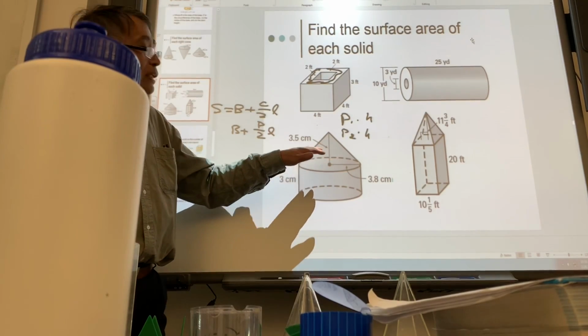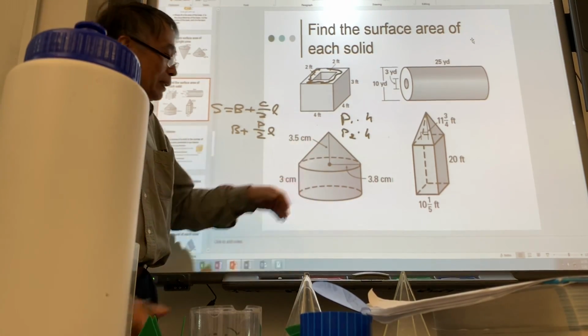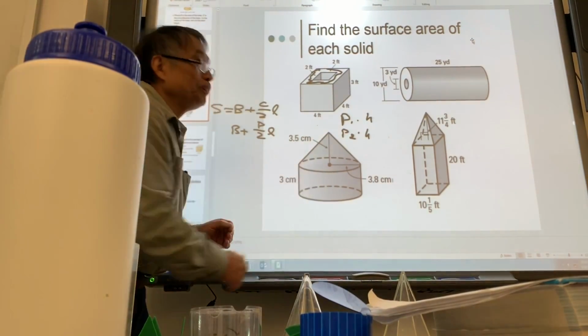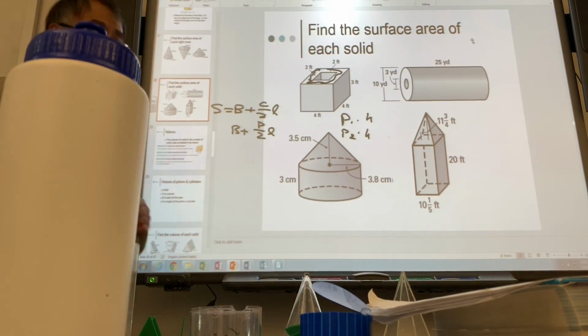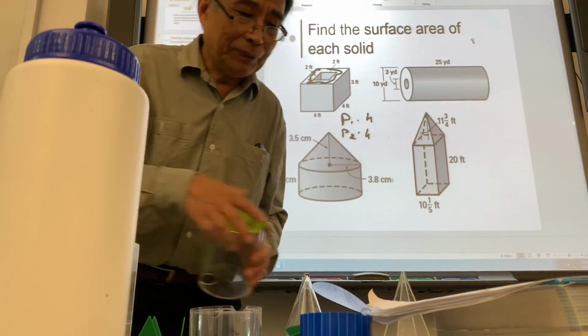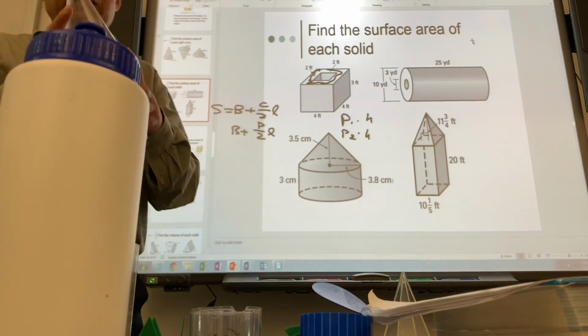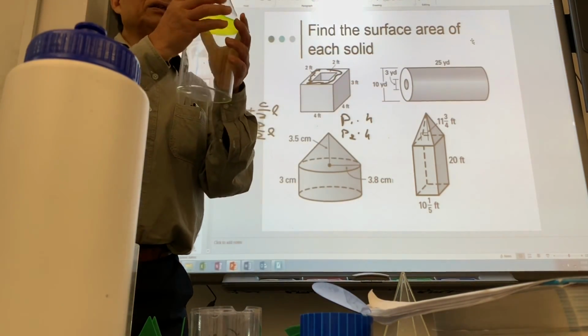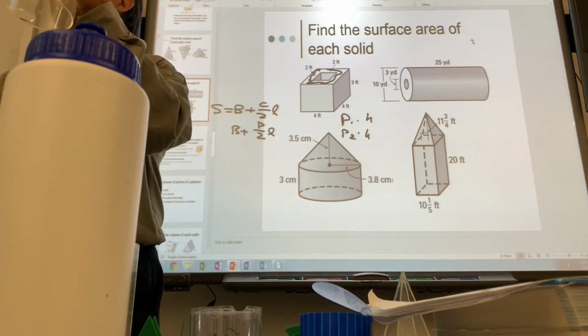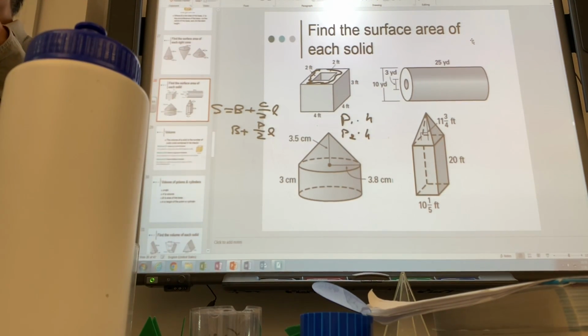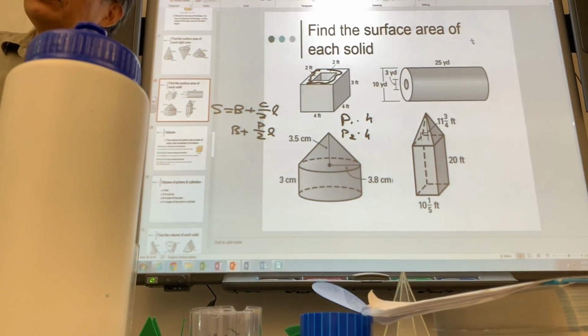For this question, on the top we have a cone and on the bottom we have a cylinder. If you separate them, the surface area is 2 base areas plus lateral for the cylinder, and 1 base plus lateral for the cone. The lateral is different.